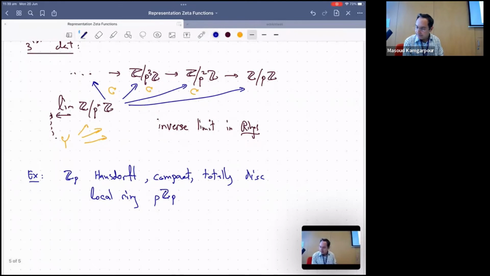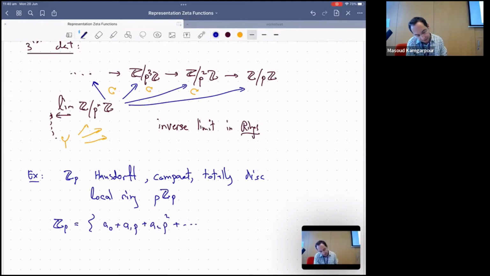What else? Let's see how elements look. Thinking about it as a completion, or in any of the three ways, you can show that Z_p consists of elements of the form a_0 plus a_1 p plus a_2 p^2, etc. But now you're taking an infinite sequence. You allow this infinite sum, and these a_i are in 0, 1, up to p minus 1.